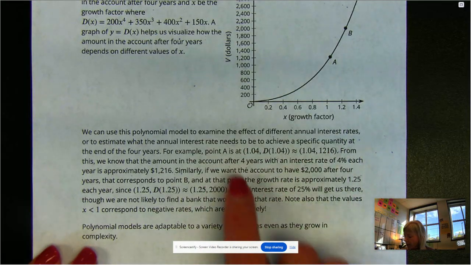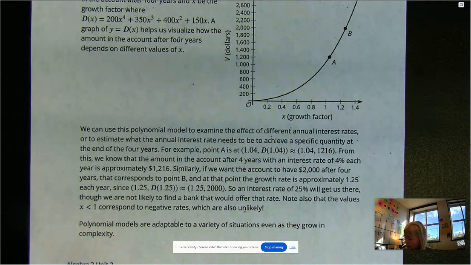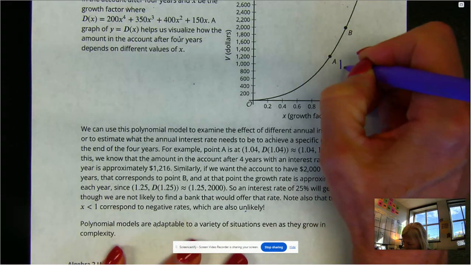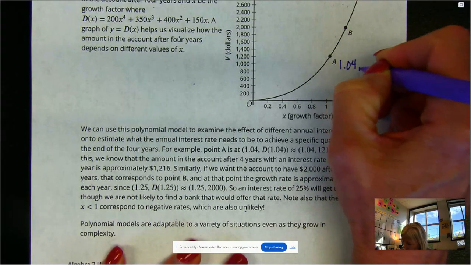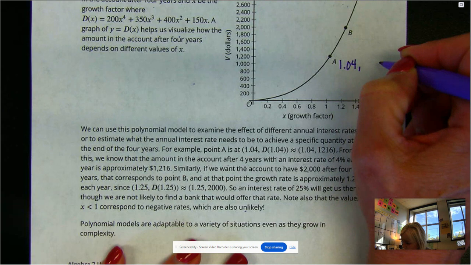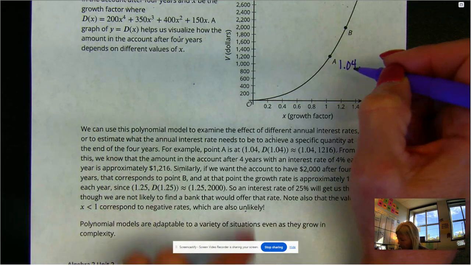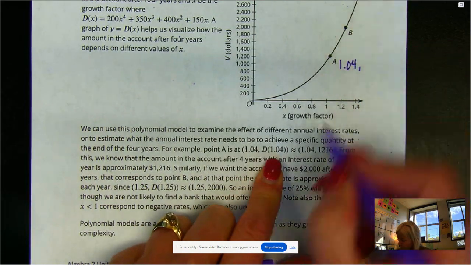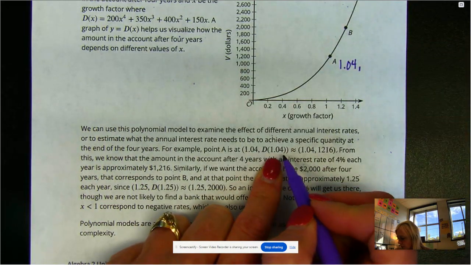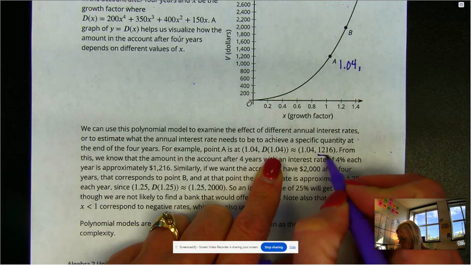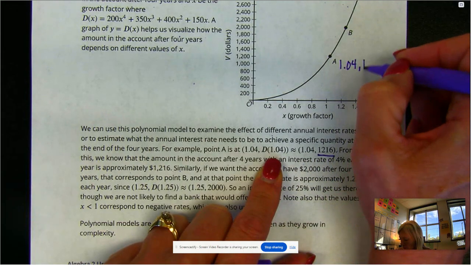For example, point A is at 1.04. And then this is where it says d of 1.04, the value is 1,216.